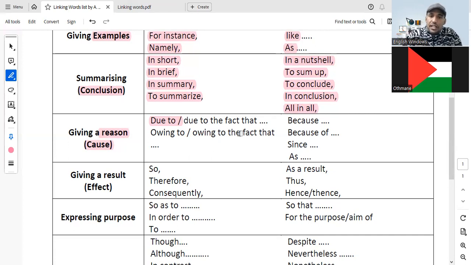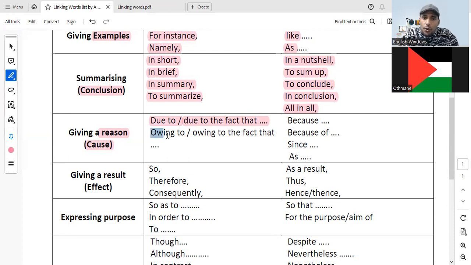Okay, so due to, نظرا لي, ولا كنقولوا due to the fact that, right? Due to the fact that there is an increased number of road accidents, due to the fact that taxi drivers don't respect the driving code, right? For instance.